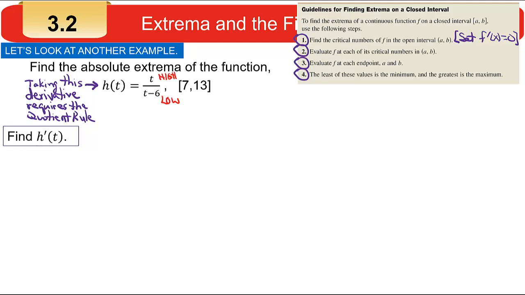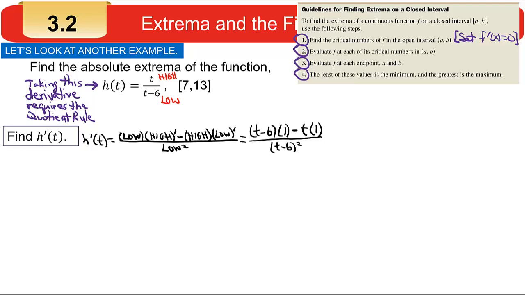So if you think of the t as the numerator being high and t minus 6, the denominator, being the low, the quotient rule says low d high minus high d low over low squared. Low is the denominator, so that's t minus 6, times the derivative of the numerator, derivative of t is 1, minus high, which is the numerator, that's t, times the derivative of the denominator is 1, all over the denominator, which is t minus 6, all squared.